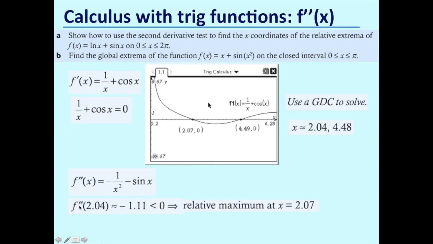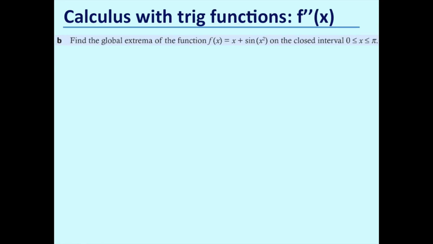If we substitute in for 2.04, we end up with negative 1.11, and as this is less than 0, it means we have a relative maximum at the point x equals 2.07. And similarly, if we substitute in 4.48 and find the second derivative, that yields a value that's greater than 0, which means it must be a relative minimum at x equals 4.49.